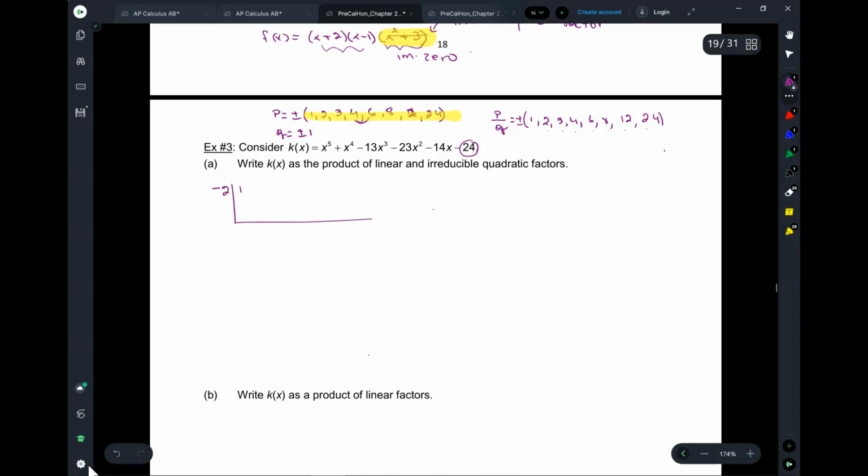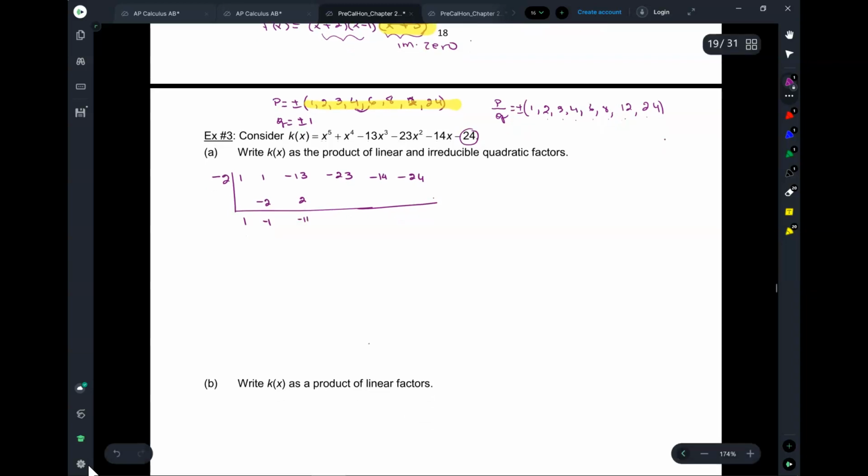We have 1, 1, -13, -23, -14, -24. So here 1 comes down, -2, -1, 2, -11, +22, -1, +2, -12, +24, and I got a 0.